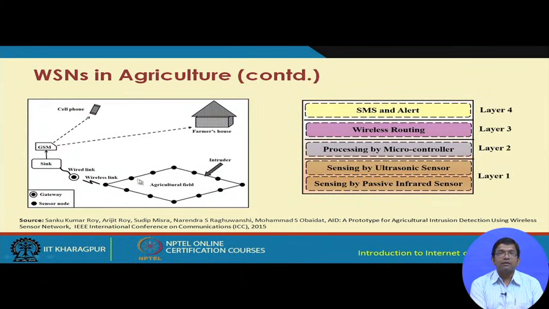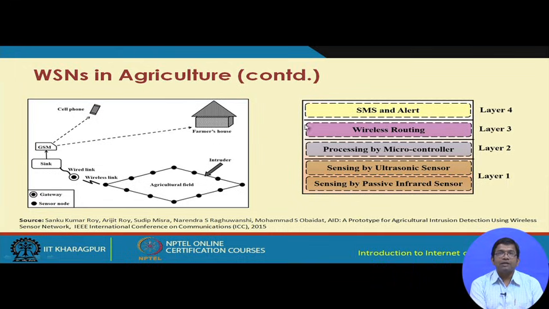So, this is the schematic diagram. So, this is the agricultural field and an intruder getting in. These different sensors are deployed in the perimeter or the boundary, and these sensors will detect whether there is any intrusion that is going on or not, and if it is going on, then the farmer is going to be notified through cell phone or through other means at his home or wherever he is.